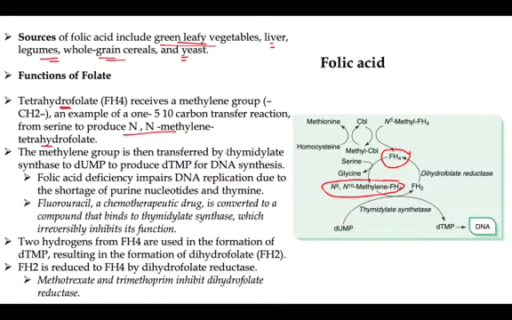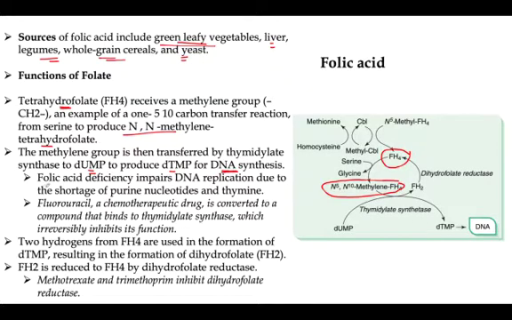This methylene group is transferred to dUMP to produce dTMP, and therefore this is an important step required for the synthesis of DNA. The enzyme that catalyzes this particular reaction is thymidylate synthase.